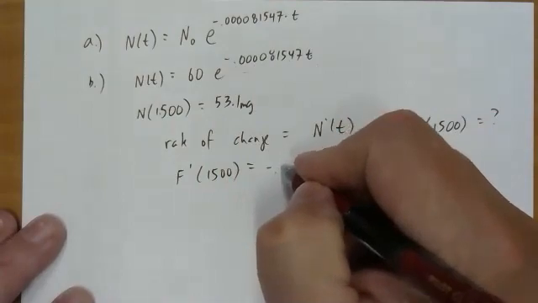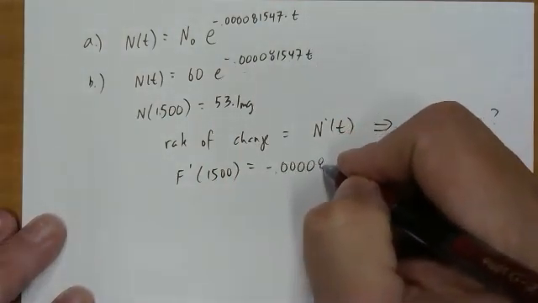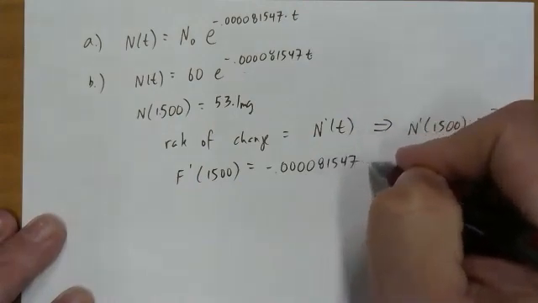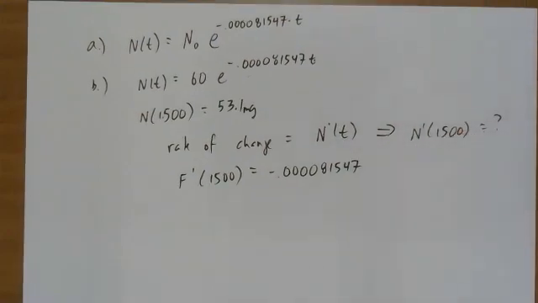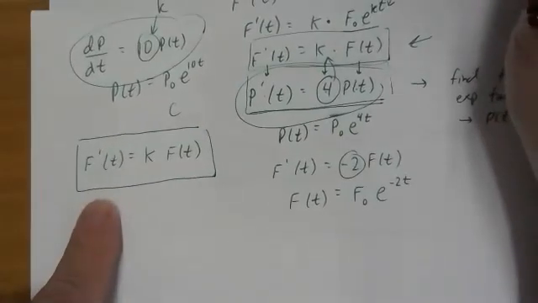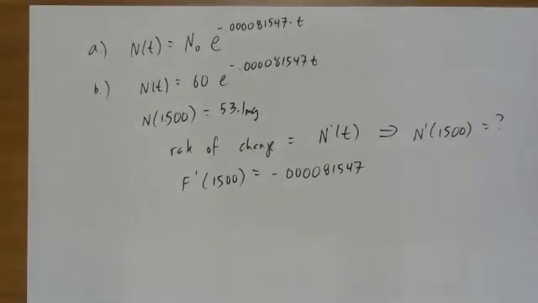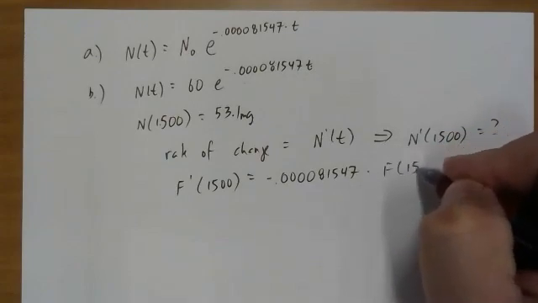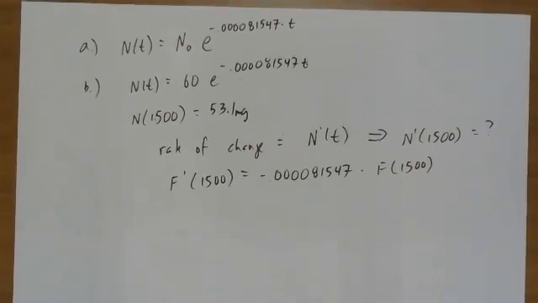Let me just go and write it out. That's k right there. 0.00081547. Right. The equation is the derivative equals k times the original function. The original function, we're looking when the time is 1500.